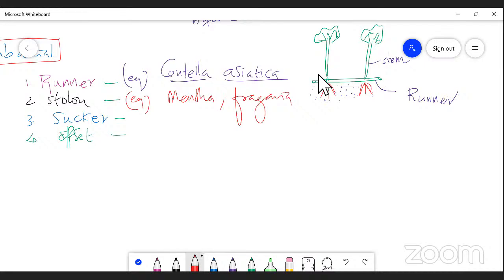Now I'm talking about stolon. The first one was runner, and let me draw a second category. There is a stolon. It is also a cylindrical structure that grows just above the soil surface. Now this is the soil. The stem grows just above the soil surface.